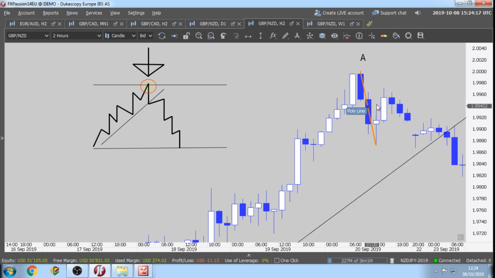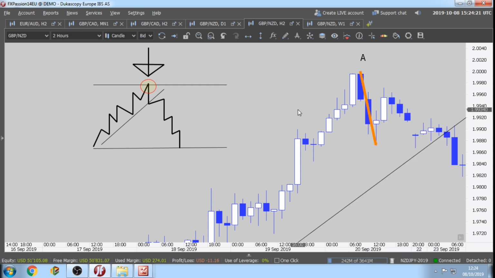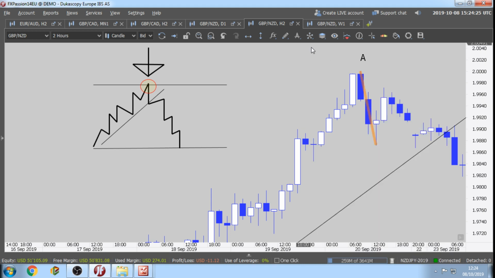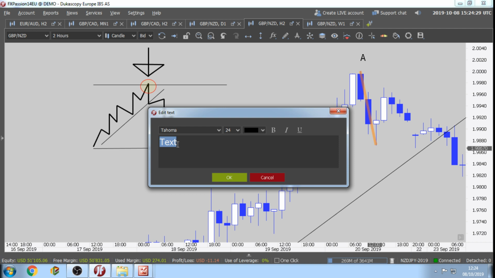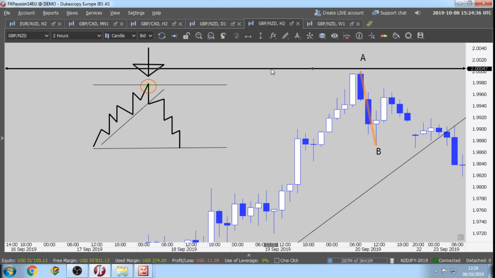Orange line. Let's make it like this. Okay, A to B. This is our B. There you go. So we have the A, we have the B. I'm going to draw the horizontal lines.